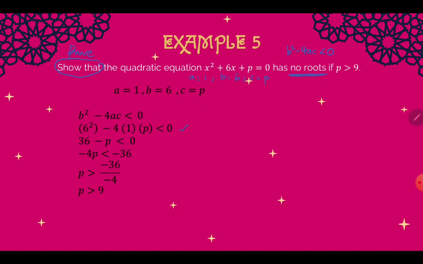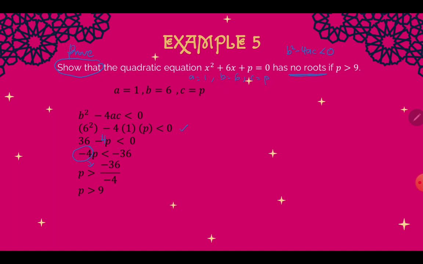Oh sorry, I'm missing a 4 here. So we can see that negative 4p is less than negative 36. Again, the coefficient of p is negative, so the sign changes from less than into greater than.